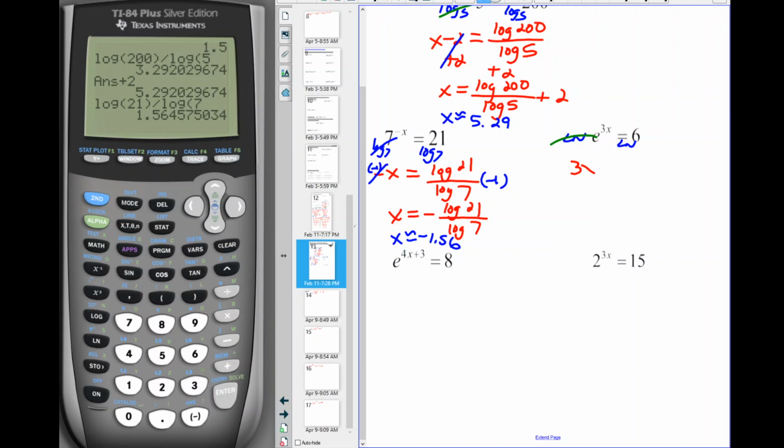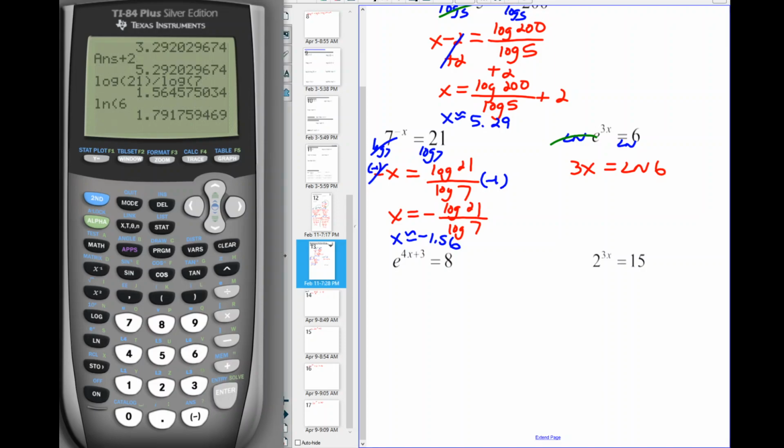So 3x is equal to ln of 6. Now, with ln's, I don't have to do change of base because my calculator is capable of doing that base. ln of 6. But it's an irrational number.